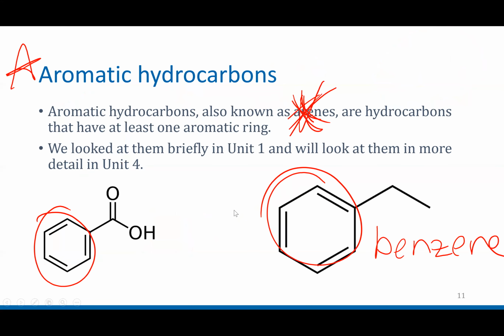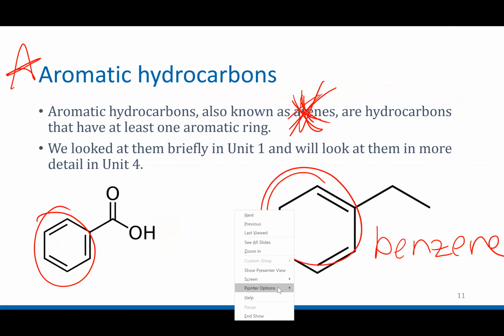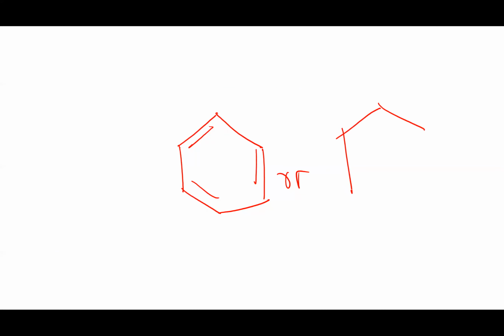Aromatic has a ring. And sorry, I said that a little silly. Aromatic has a ring, but it also has on every second carbon a double bond. So these are aromatic compounds. The double bond, let me erase that. Let me pick another color here.